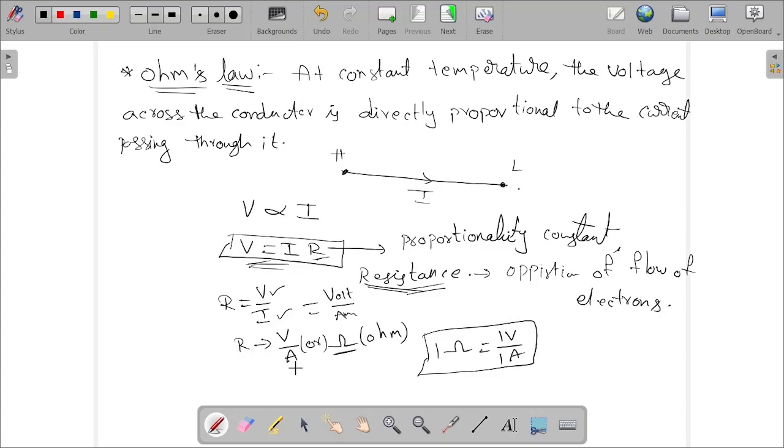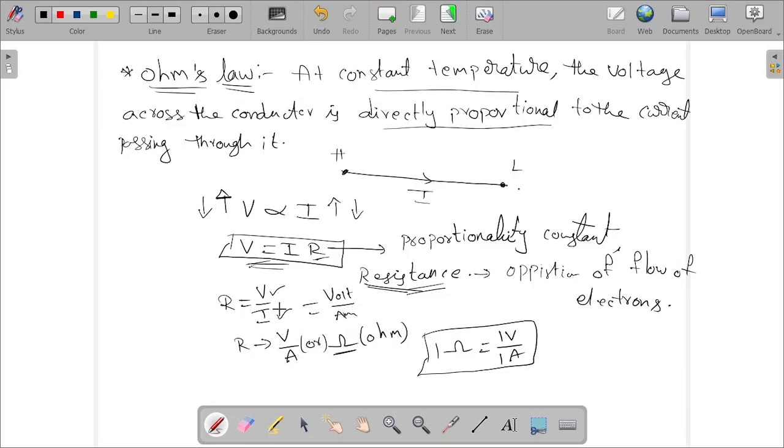So Ohm's law means at constant temperature the voltage across the conductor is directly proportional to the current. When current increases, voltage also increases; when current decreases, voltage also decreases, so both depend on each other.